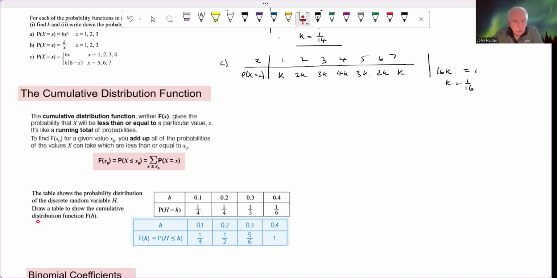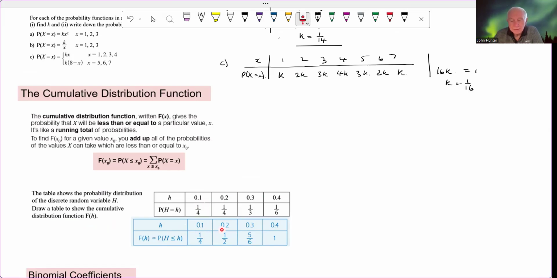The table shows the probability distribution of the discrete random variable h. Draw a table to show the cumulative distribution function. Well, you can see quite easily here: 0, 0.1, 0.2, 0.3, 0.4 are the values, and these are the probabilities. For the cumulative probability, for 0.1 it's just that.